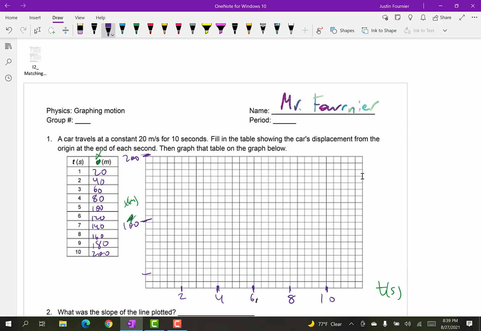In between I'll have 20, 40, 60, 80, 100, 120, 140, 160, 180. So at 1 second I'll have 20.